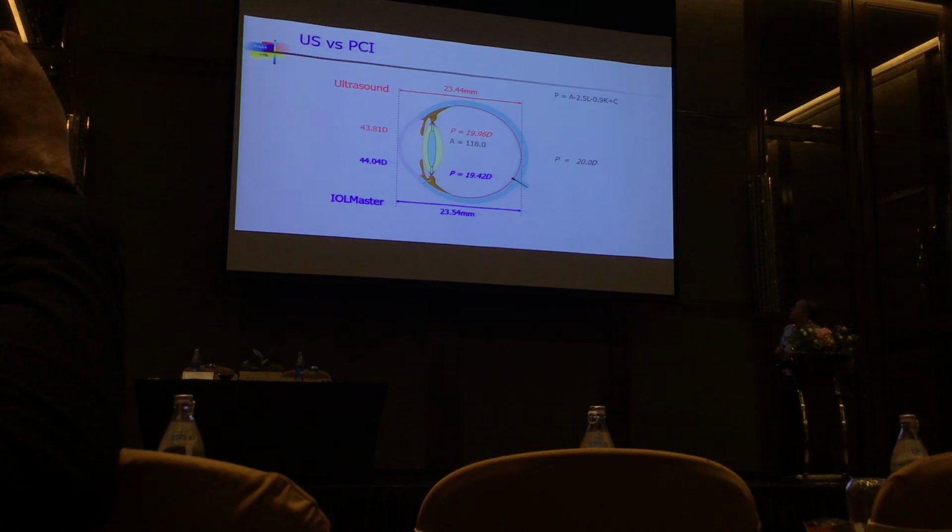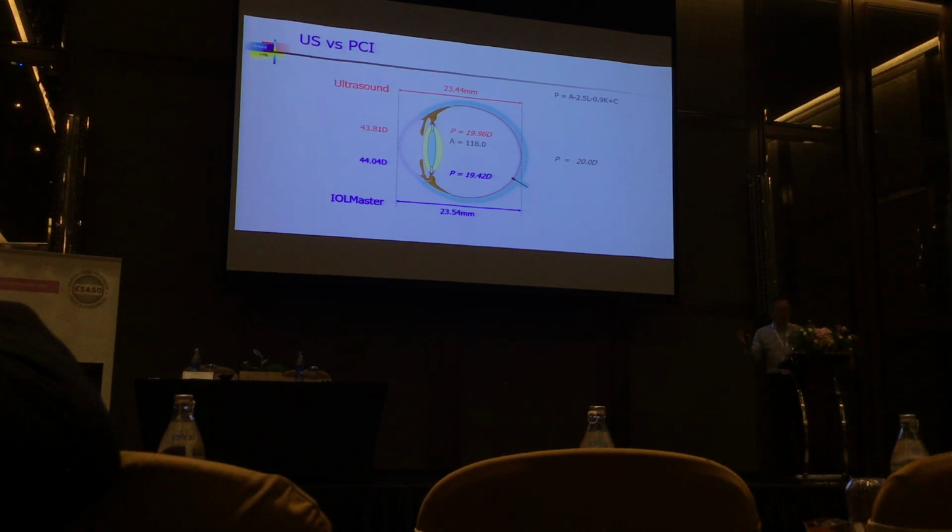Alright? Now, two same eye, different set of instrument, predict different IOL power. Are you to say that if I put these two different IOL power, I will have the same refractive outcome? That's not likely to happen because the IOL power is the same, the eye is the same.